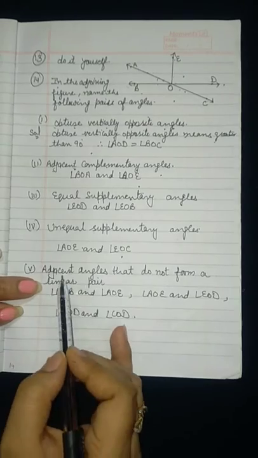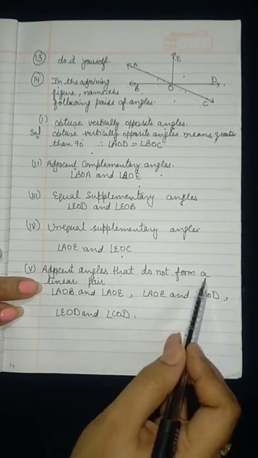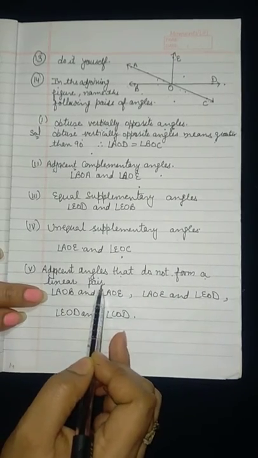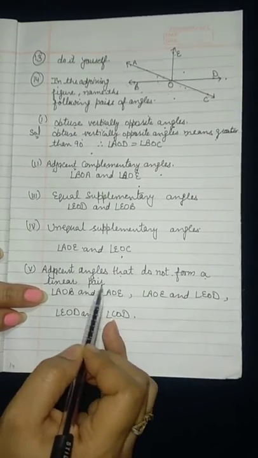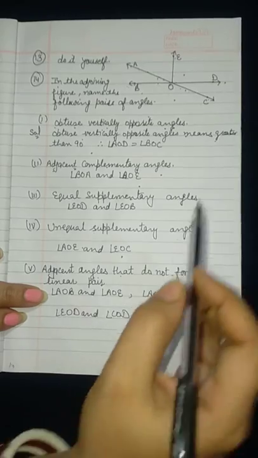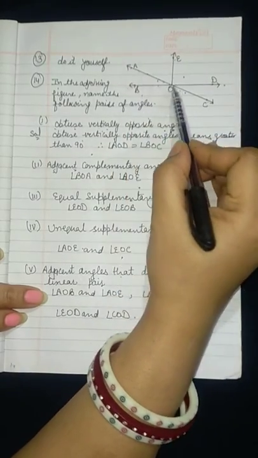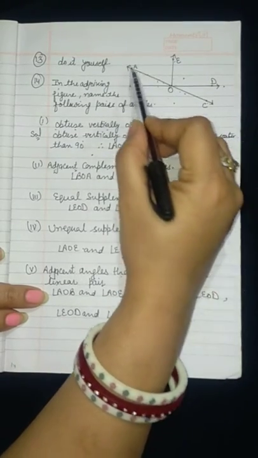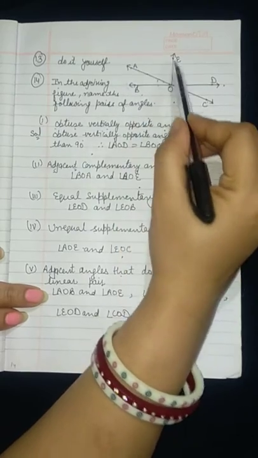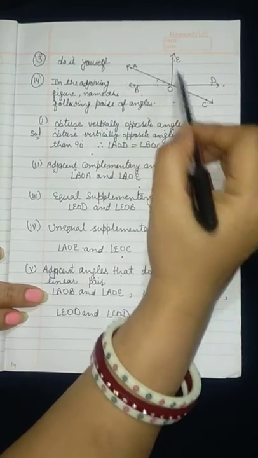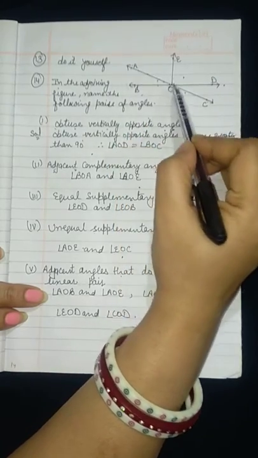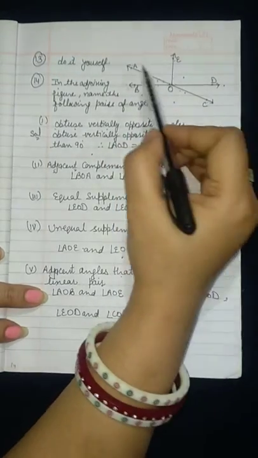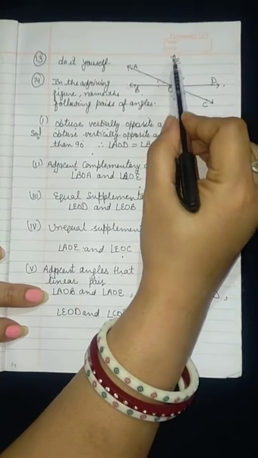Then the fifth part, adjacent angles that do not form a linear pair, meaning they must be adjacent angles but they do not form a straight line. So see here, AOB and AOE are not a linear pair, they are adjacent angles. Then again AOE and EOD.